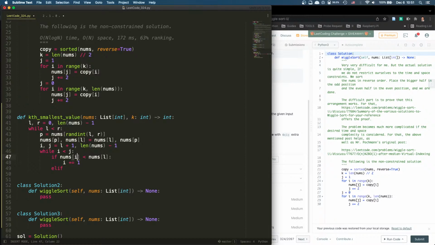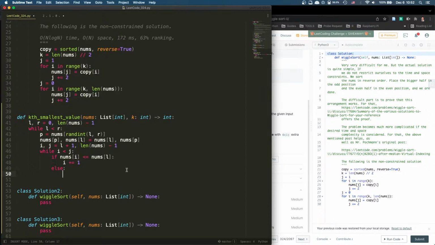So I think we should do this, right? If it's smaller or equal to, then I just keep going, because if the value is the pivot, we can just keep going. That's fine, because the left side is going to be a lot smaller. Okay, so that's that. I'm going to say else, right? Else the number at I is larger. If it's larger, then we need to swap with J, right?